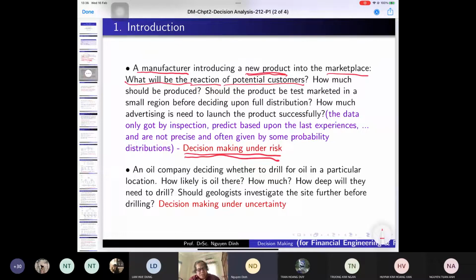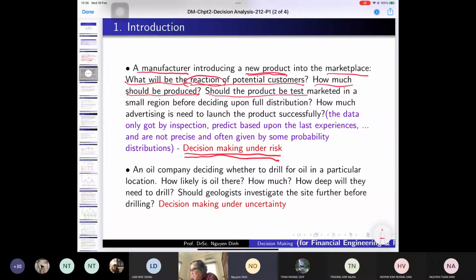Okay, but when we produce a new kind of this, what will be the reaction of the potential customer? How much should be produced? How many items should be produced?